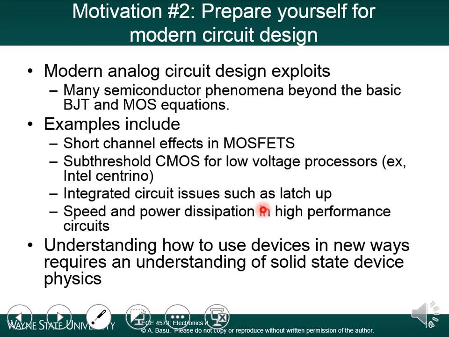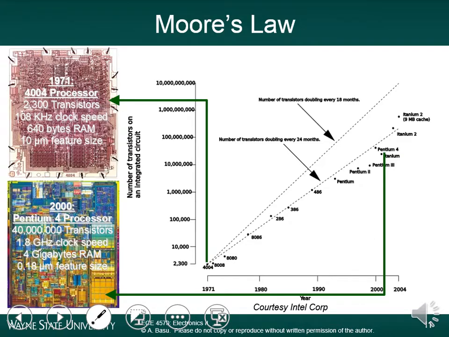So all these things do require an understanding of semiconductor physics. Getting back to Moore's law, an example of what Intel did: they started shrinking their transistors. They did that for 30 years, and they got drastic improvements, and Intel made a lot of money, and they're still one of the most successful companies around.